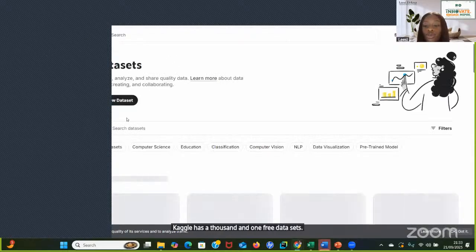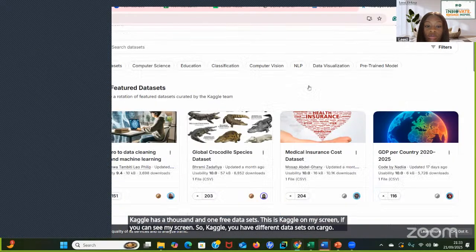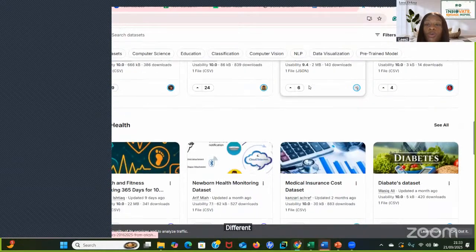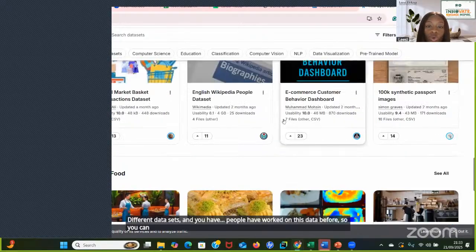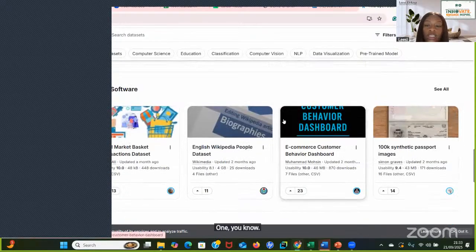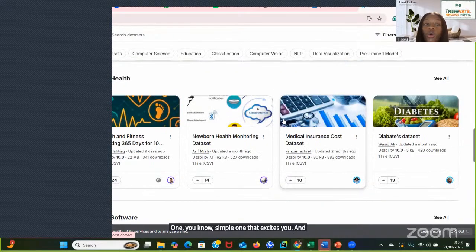This is Kaggle on my screen, if you can see my screen. So on Kaggle, you have different data sets, and people have worked on this data before. So you can pick up one simple one that excites you and work on the data.